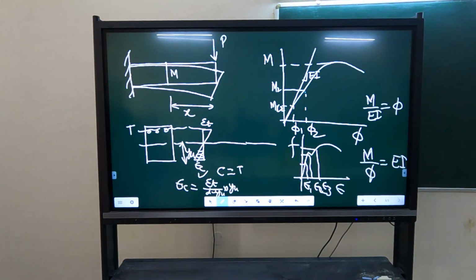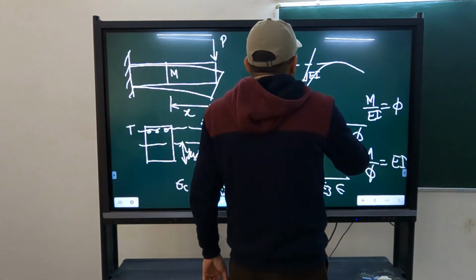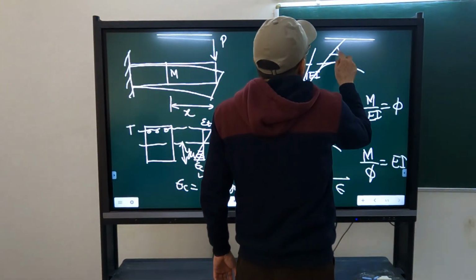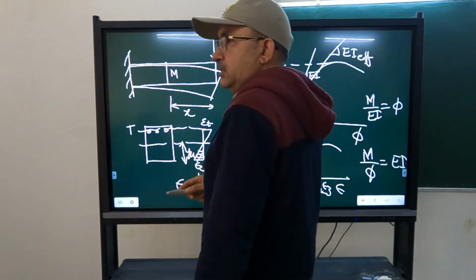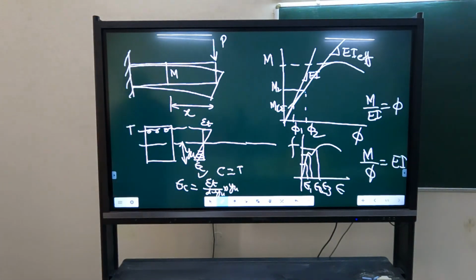As the cracking increases, when I increase epsilon T, the cracking is going to increase, and as a result, the effective EI is going to change. So this we can call EI effective. What is EI effective? The tangential stiffness at any point, or the secant stiffness at any point. That will change.